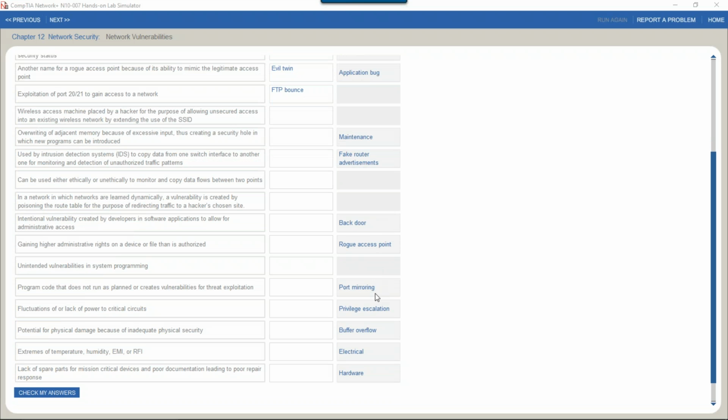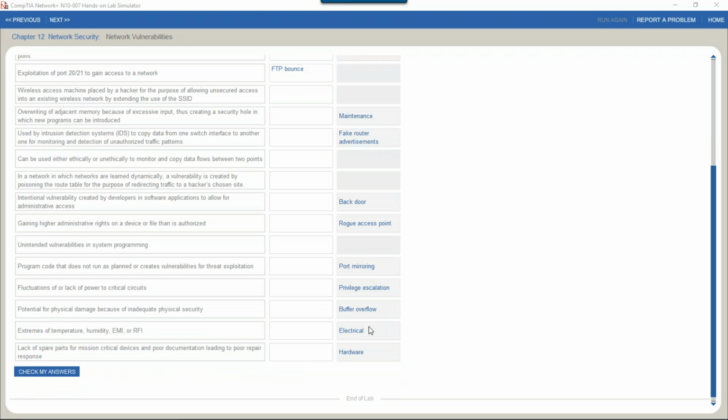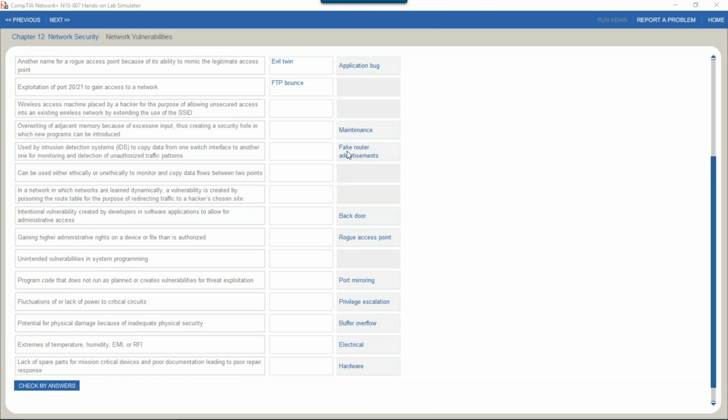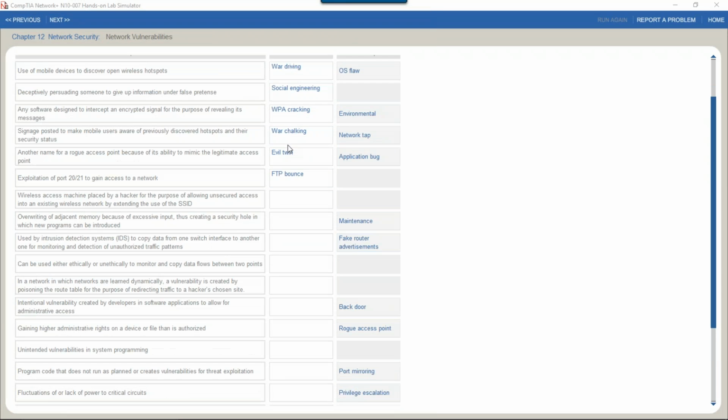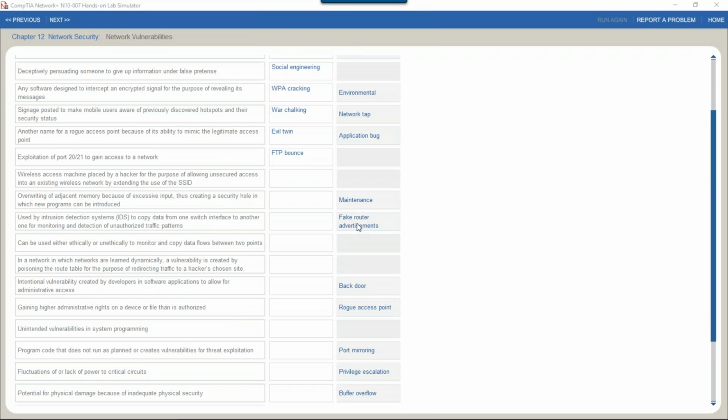Could it be port mirroring? No, that has a different definition, and none of these fit. Backdoor, right? None of these other ones fit. So it has to be either evil twin or a rogue access point, right? And I can tell you now why it has to be rogue access point. Come up here to where we put evil twin. It says it's another name for rogue access point.